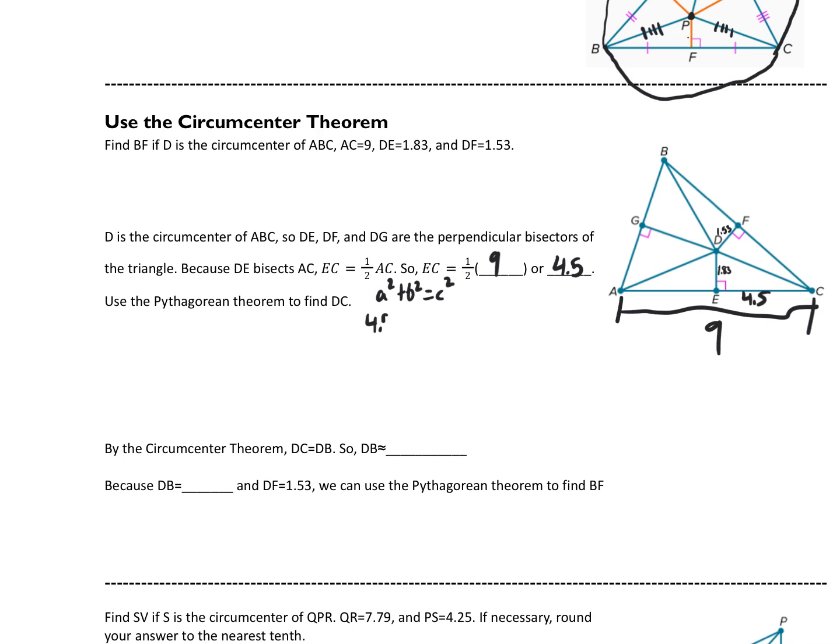So if I did 4.5 squared plus 1.83 squared, it would equal DC squared. So 4.5 squared is 20.25. 1.83 squared is 3.3489.